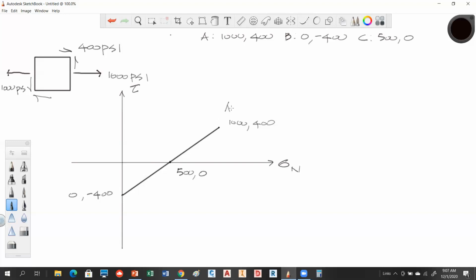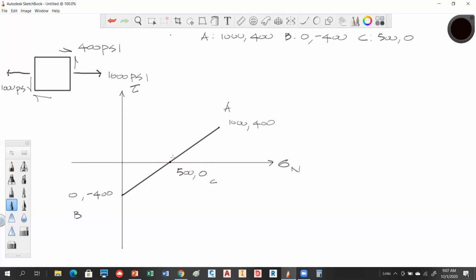So this is A, this is B, and this is C. Okay, you guys see that? So if you scale this properly, if you put a scale on here and this isn't 500, then something's wrong. Okay, so that's the cool thing about it: if you've done this right, it's all going to work out graphically.